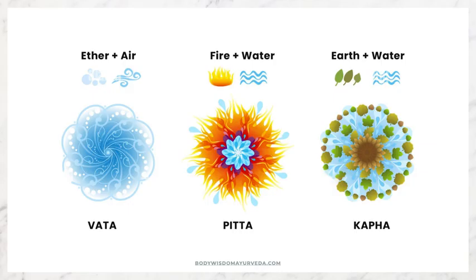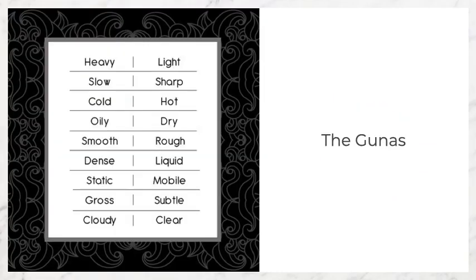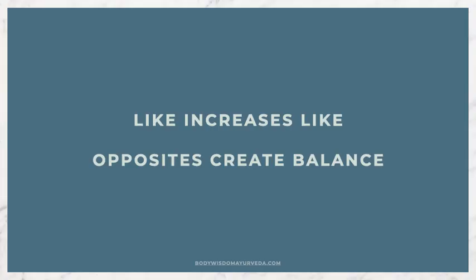I'll cover that in a later video, but for now, when you feel like something is off in your body, it's easiest to reflect on the gunas that are at play and make adjustments based on that, using the guiding principle of like increases like and opposites create balance.